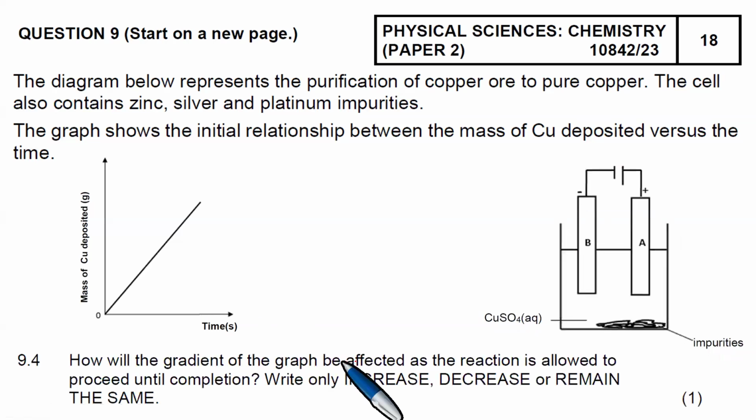How will the gradient of the graph be affected as the reaction is allowed to proceed until completion? Increase, decrease, or remain the same? This graph: if you allow this reaction to go on until completion, the mass of copper deposited.